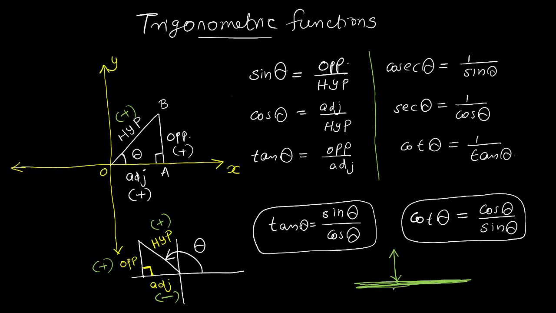If the height is above the ground, it is taken as positive. If the height is below the ground, the height is taken as negative. That is the way we define. So in the second diagram, the height is above the ground. Understood? Clear? Yes, sir. That is why it is positive.